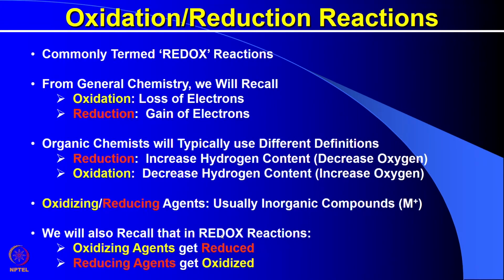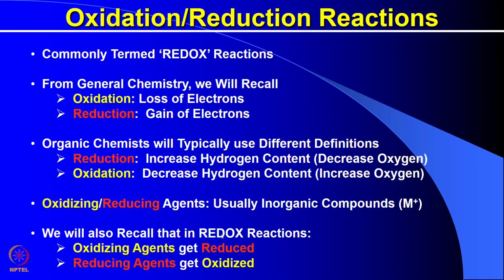These oxidation reduction reactions are commonly termed redox reactions, and from your general chemistry point of view, oxidation means loss of electrons and reduction means gain of electrons. In organic chemistry, typically we use a slightly different definition. Reduction here means increase of hydrogen content and oxidation means decrease of hydrogen content.